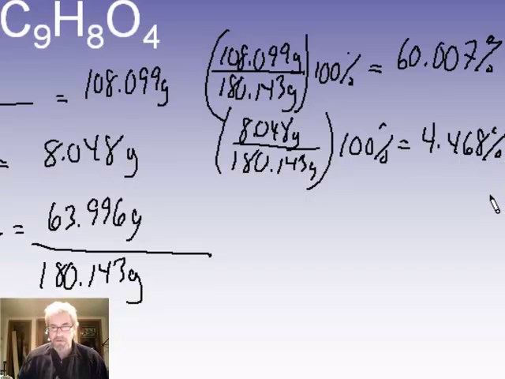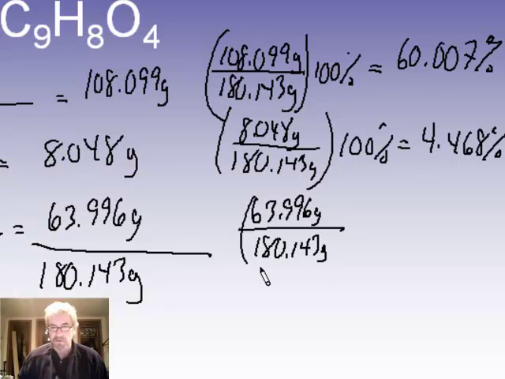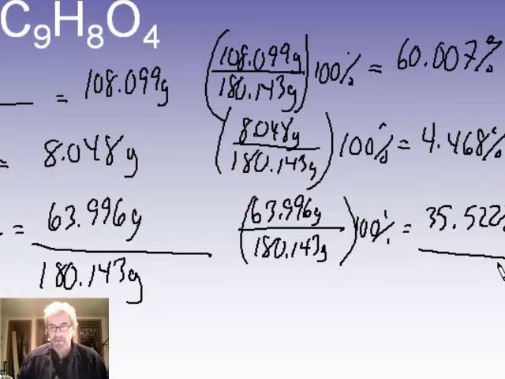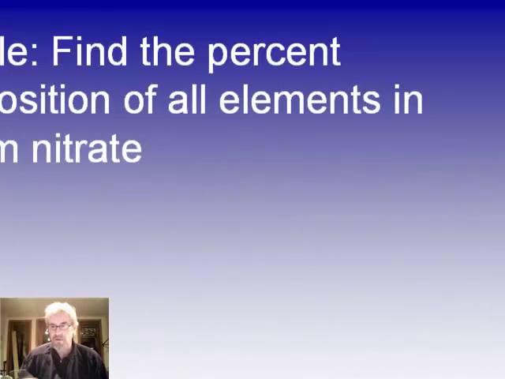Oxygen, 63.996 grams divided by, again, the same total because it's the same compound, and then I'm multiplying by 100. So 35.522%. 60 and 4 and about 36 should be roughly 100, so looks like I probably did that right. Give this a try.